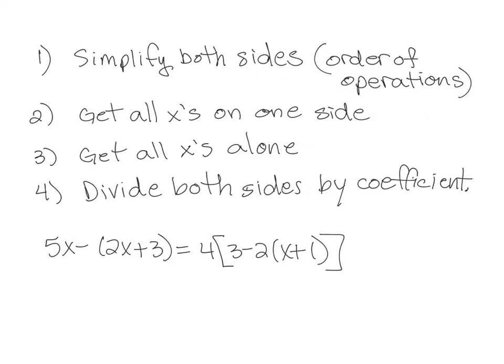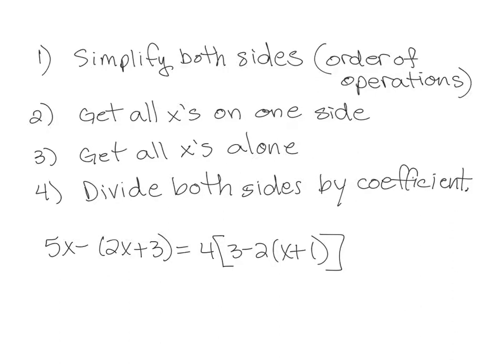Okay, now, first off, when you're simplifying both sides, you want to ignore the opposite side. So if I'm simplifying this side, I'm not looking at this at all. I'm focusing just on this. Order of operations says do inside the parentheses. Well, I can't combine these terms because they're not alike. So I have to work outside the parentheses in this case.